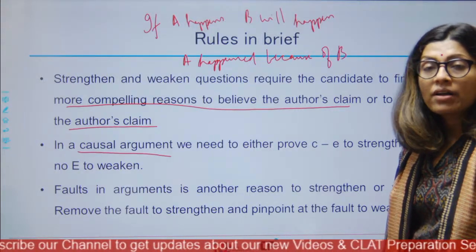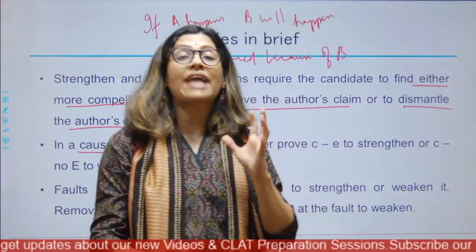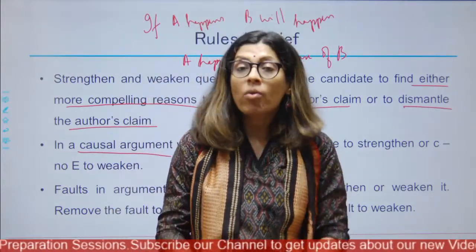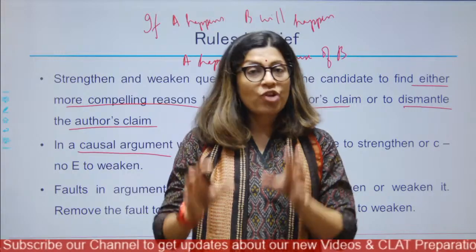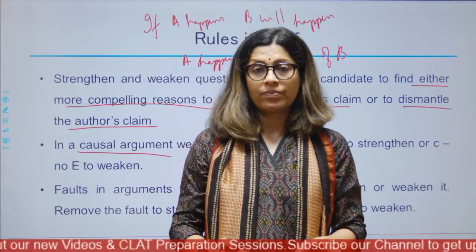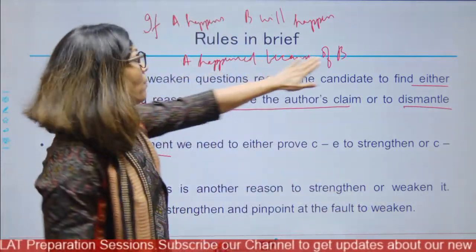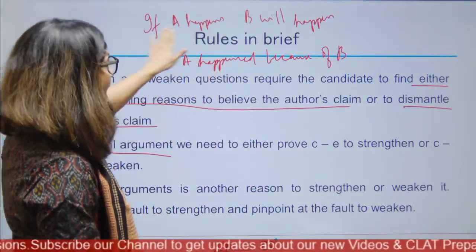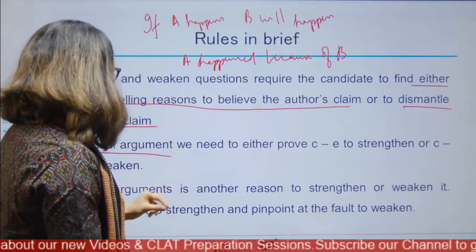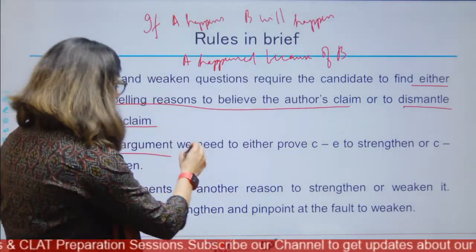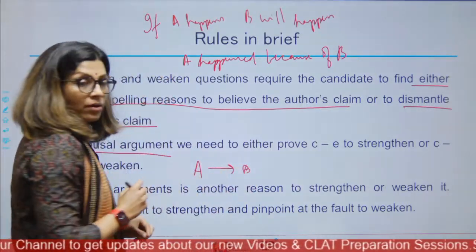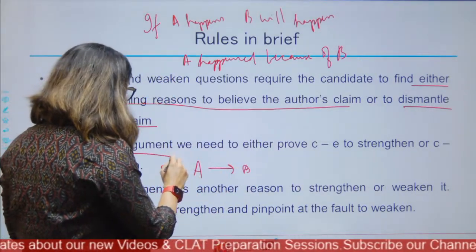Here the author shows that two things are tied up in a cause-effect relationship. 90% of our strengthen weaken questions come from causal arguments, where the author says B leads to A or A leads to B. A quick tip: if you have to strengthen, you have to say yes, A leads to B. How will you do that?